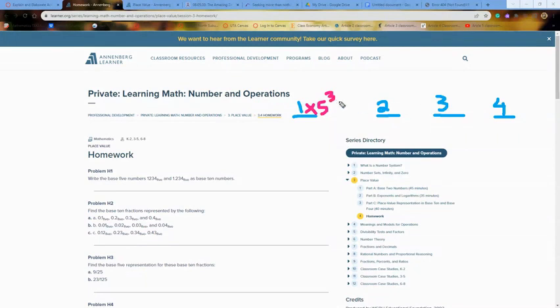That means this will be 5 to the second, because there's 2 zeros behind this one. And this will be 5 to the first, because there's 1 zero. This will be 5 to the 0. And then I'm going to add all these together.